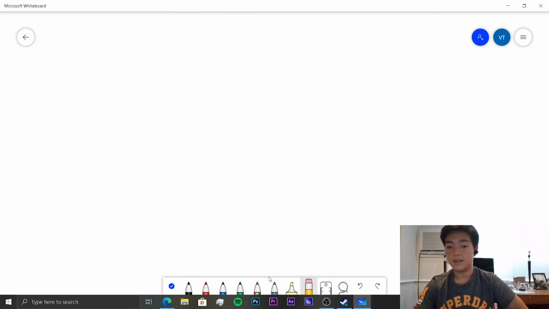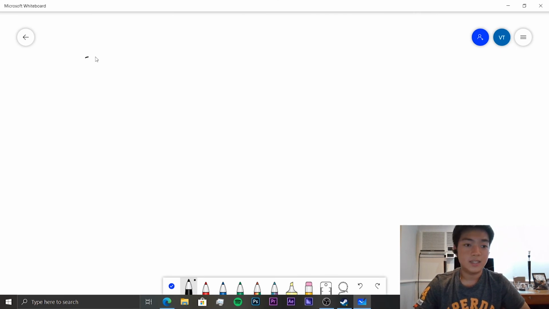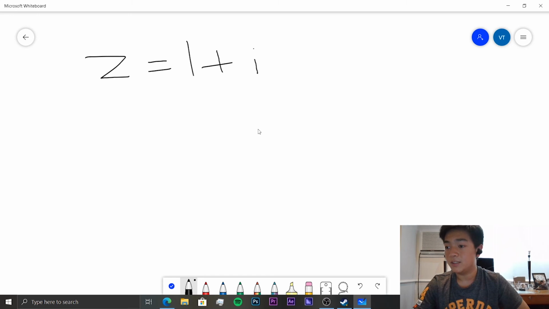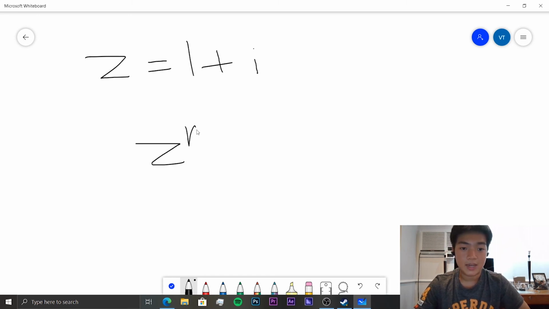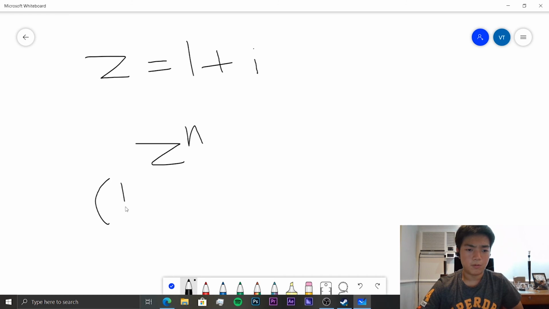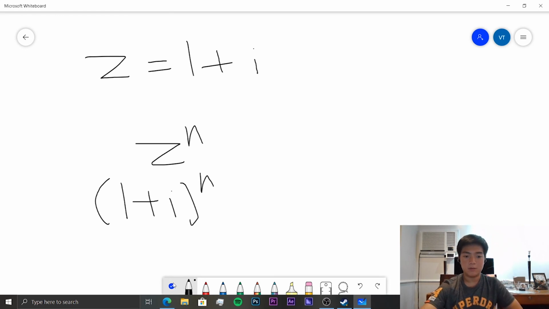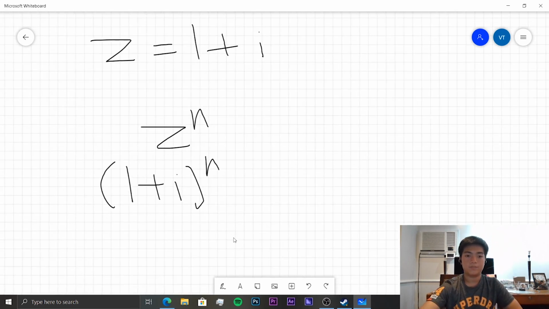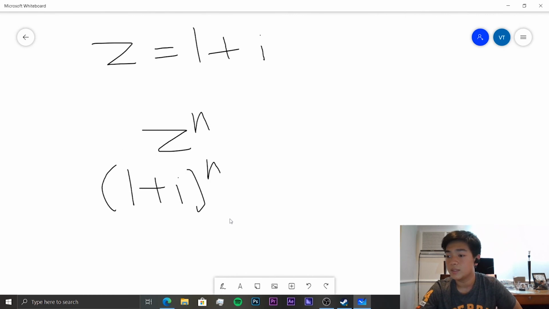So next, we are given that z is equal to 1 plus i. We need to find values of n so that z to the n is only imaginary. Okay. So we know 1 plus i to the n must be an imaginary number, so there must be no real term. How would we do that?